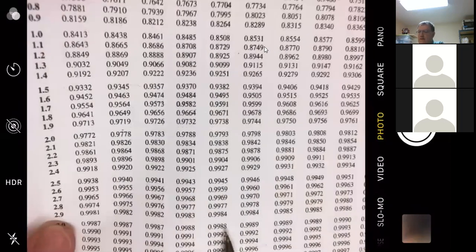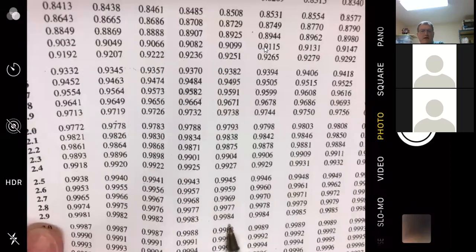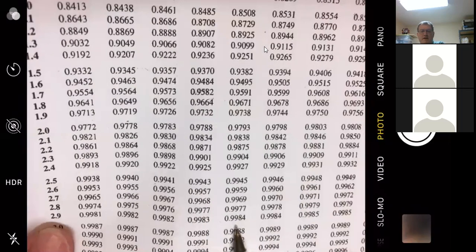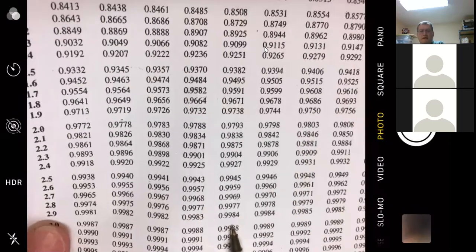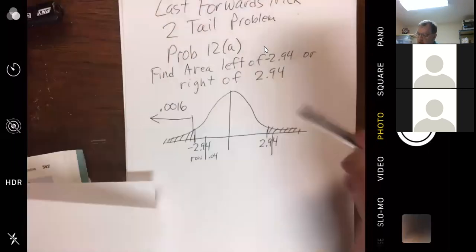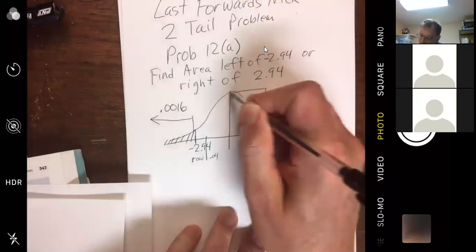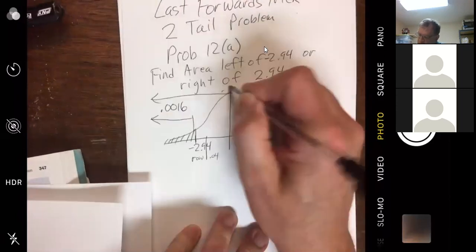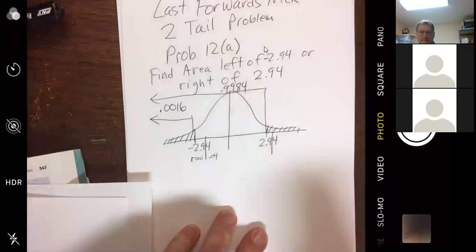I can't really see right above my pen there. Okay, is it 0.9984? Now remember, that's the area of this black. So I come up here, and it's 9984.